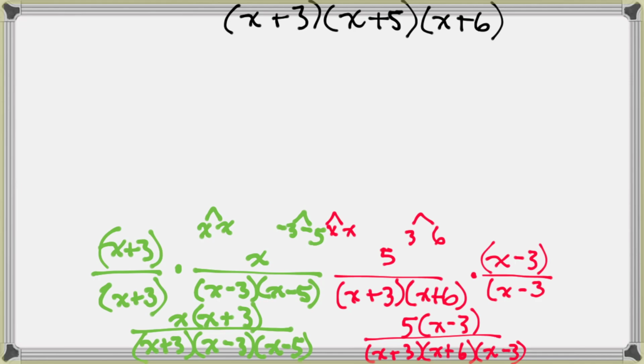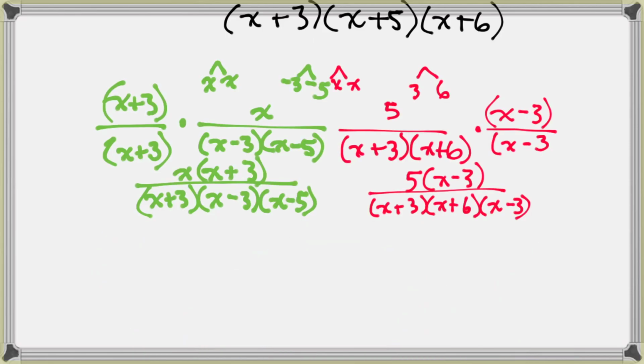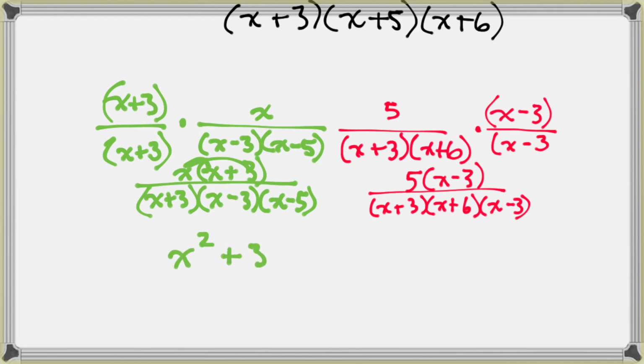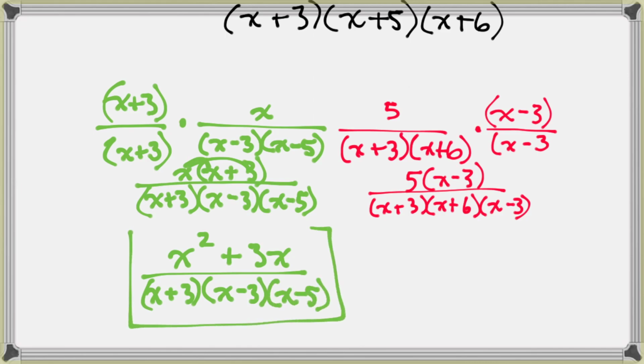By doing this, I'm going to move all of this work up, just so it's easier to see. Looks like I don't need these anymore. There we go. So in that last step, we can distribute that x to everything on the top. So that'll be x squared plus 3x over x plus 3 times x minus 3 times x minus 5, which is great. We're done with the one on the left.